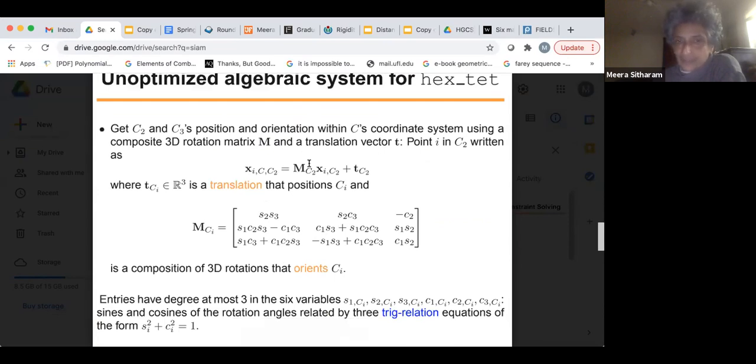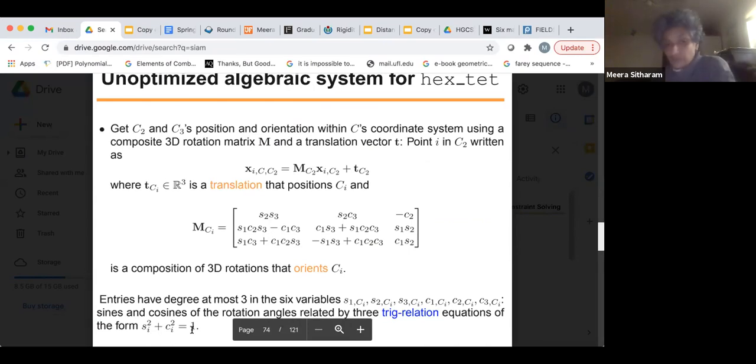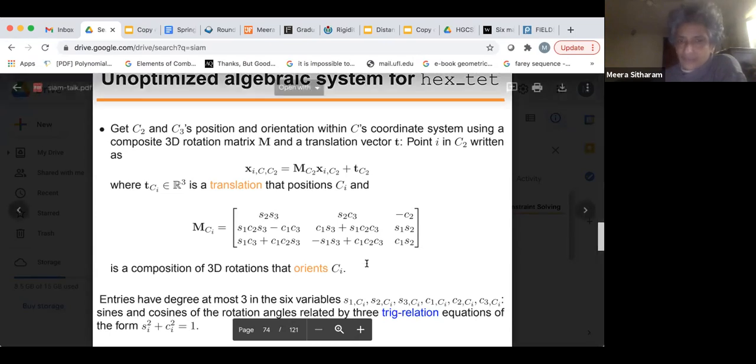Each of these rotations can be written using the cosines of the different angles between them, and in addition the sines and the cosines. You'll have additional equations of the type si squared plus ci squared equals 1, because we want an algebraic system here. We can't have sines and cosines, so we have an algebraic equation that forces them to be trigonometric variables. This is just a standard rotation matrix.